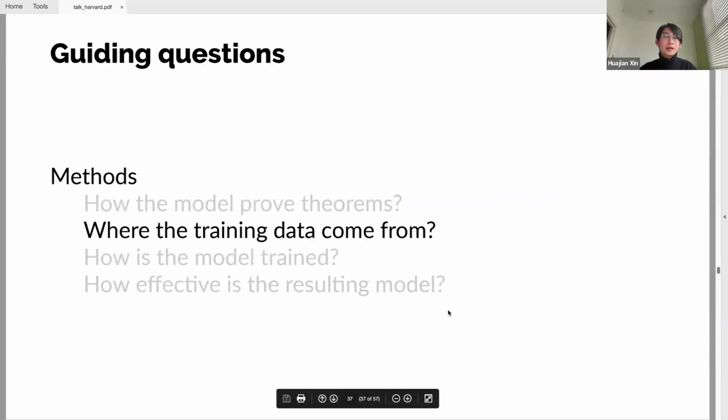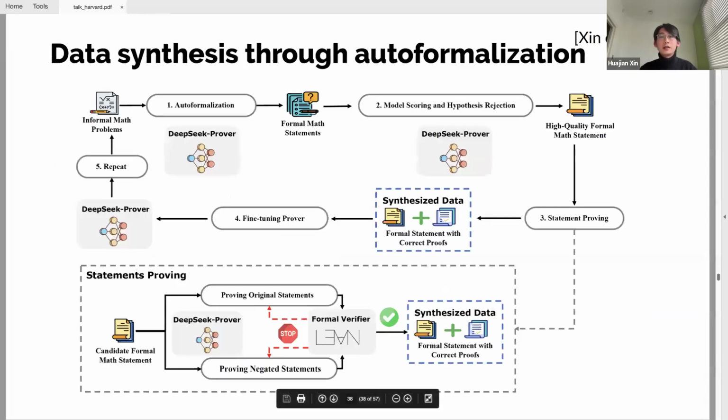Then another question: where does the training data come from? Indeed, proof system languages, in contrast to other popular programming languages, for example C++ and Python, are used by relatively few experts and result in limited datasets. To train the DeepSeek-Prover, we synthesize formal math data through so-called autoformalization.